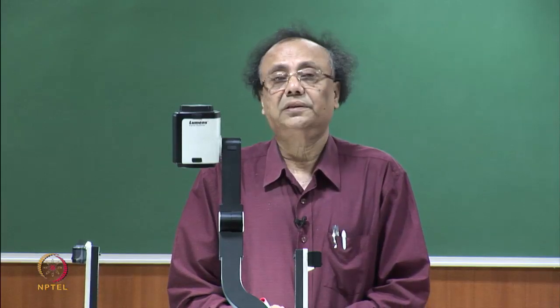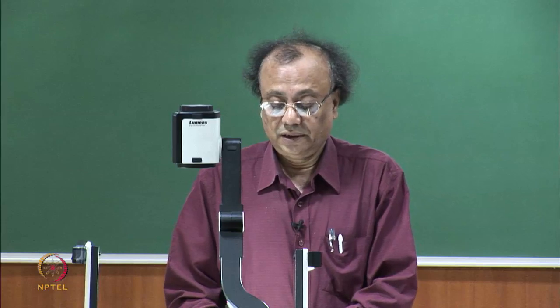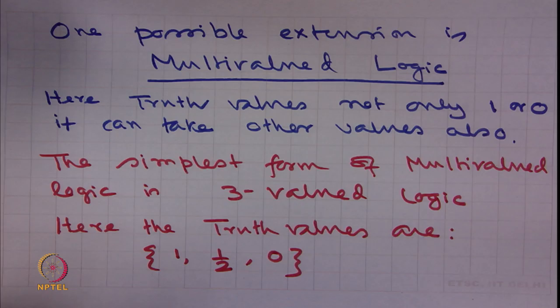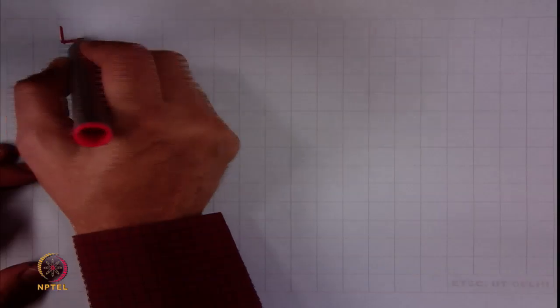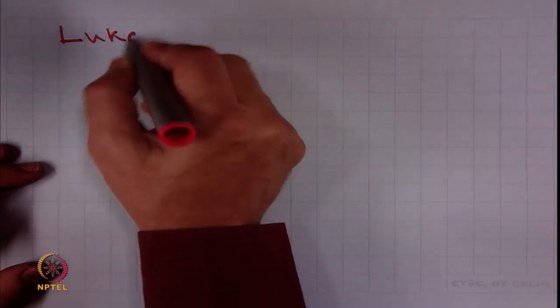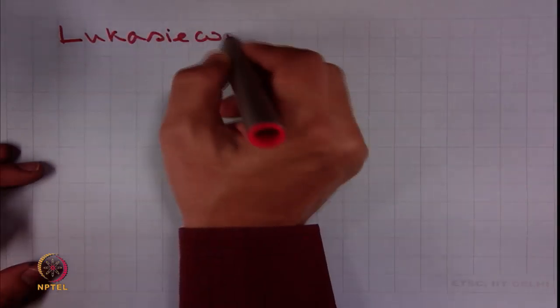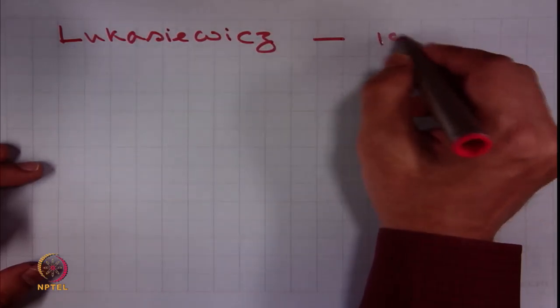Many researchers have given their interpretation with 3 valued logic, but the most popular one is by Lukasiewicz in the 1930s.